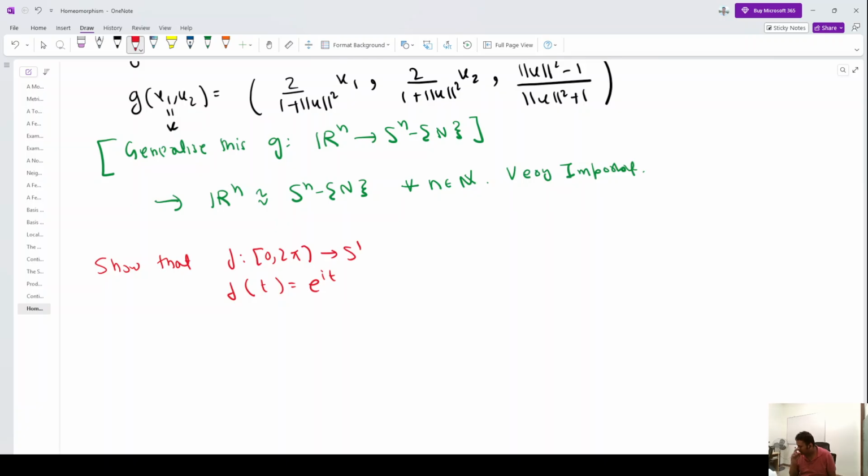Number 1, continuous. Number 2, one-one. Number 3, is not an open map. We'll come to open maps and closed maps maybe sometime later when we discuss compactness, Hausdorffness, and quotient topology.